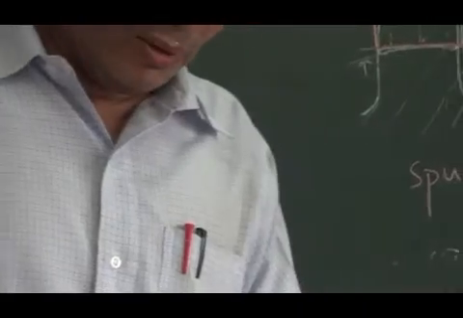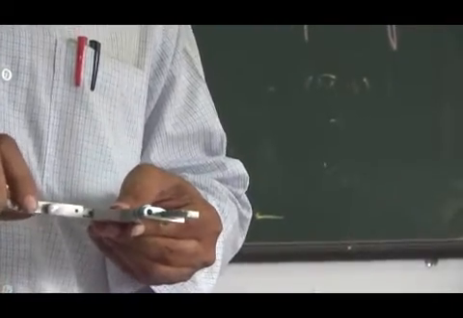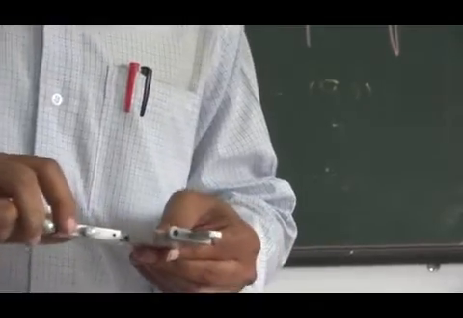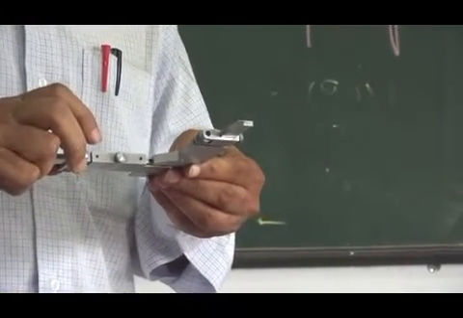Now we have to find out the width of the gear tooth at the pitch circle diameter.